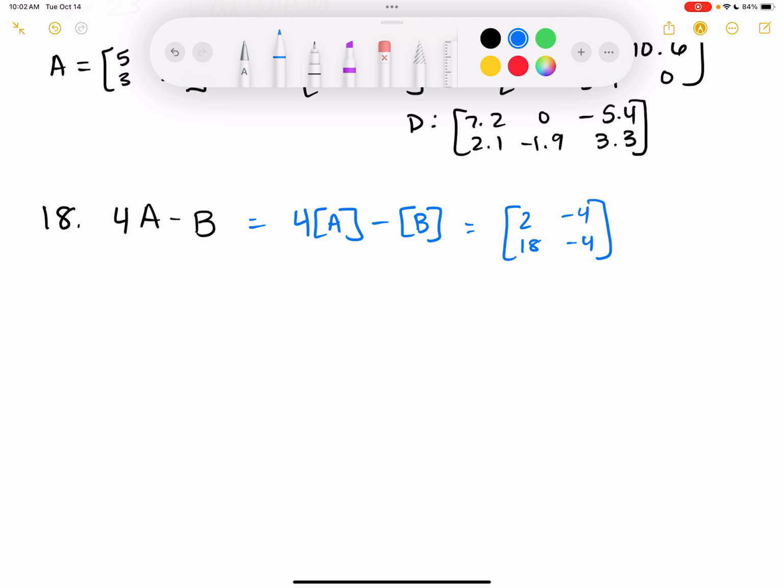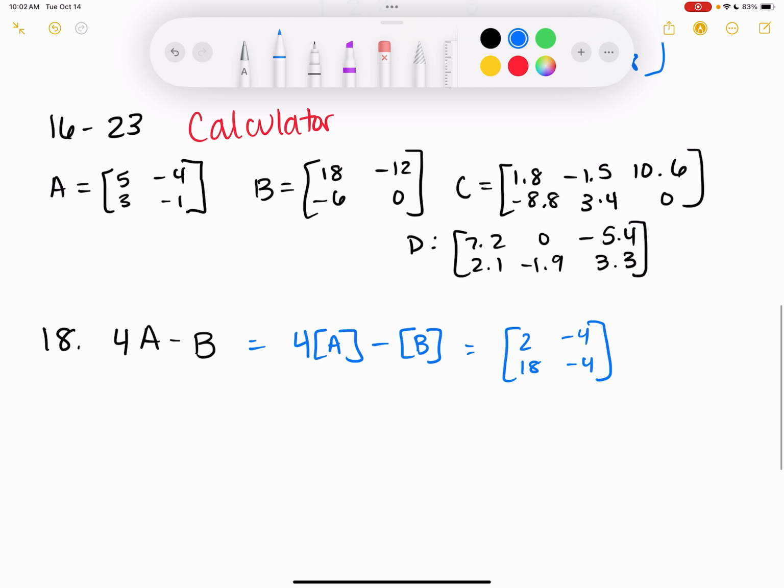Alright, perfect. Are there any, did we all get this, or are we stuck? I keep getting 38. Where are you getting 38? The bottom left. I got that. So I would go back and look at matrix A and make sure it's typed in correctly, and look at matrix B and make sure it's typed in correctly. Because it should be 3.